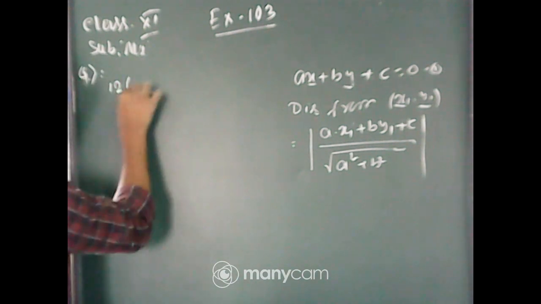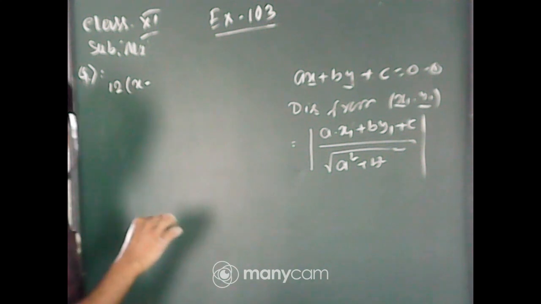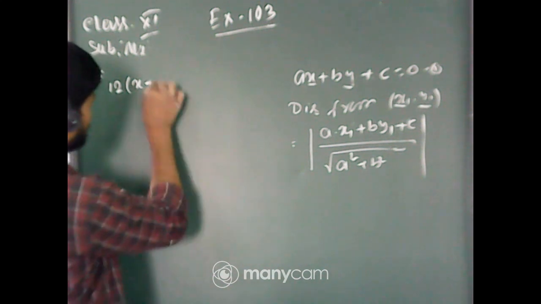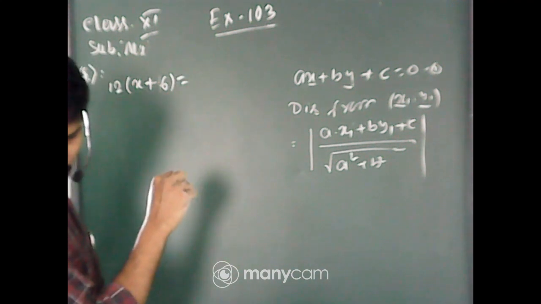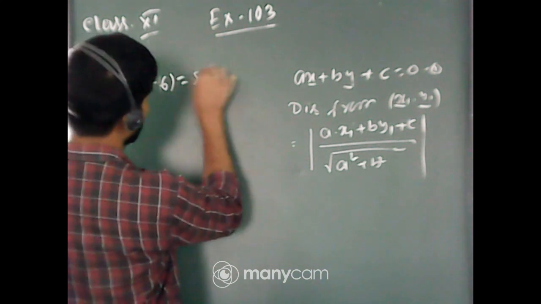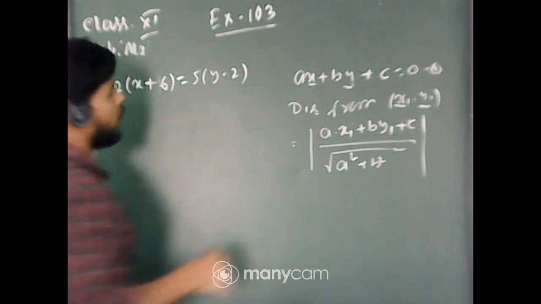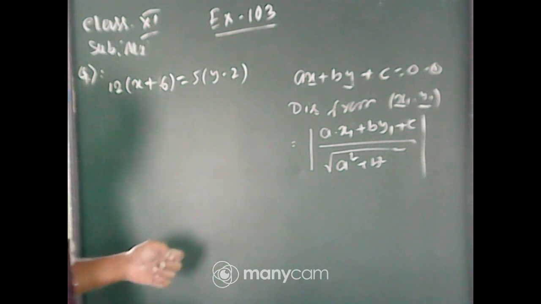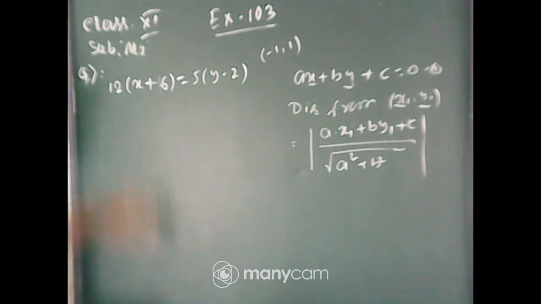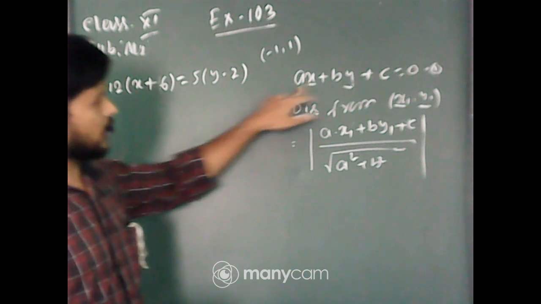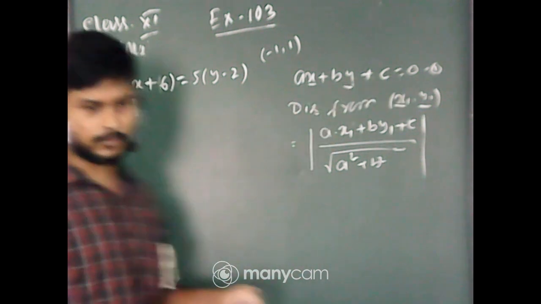Now here the equation of the line is given as 12 into x plus 6 is equal to 5 into y minus 2. This is question number 4. We have to find the distance of this line from the point minus 1 comma 1. First reduce the equation into the standard form ax plus by plus c equal to 0.